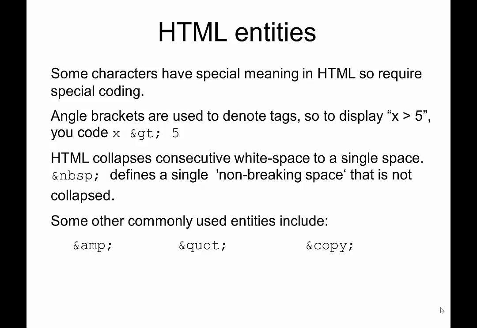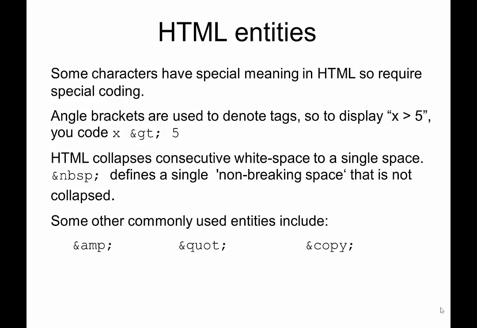HTML entities. So, some characters, as in characters on your keyboard, have special meaning. And in HTML, and indeed in all programming languages, there are characters that have special meaning. So, for example, the greater than and less than signs are used to bracket the tag names.